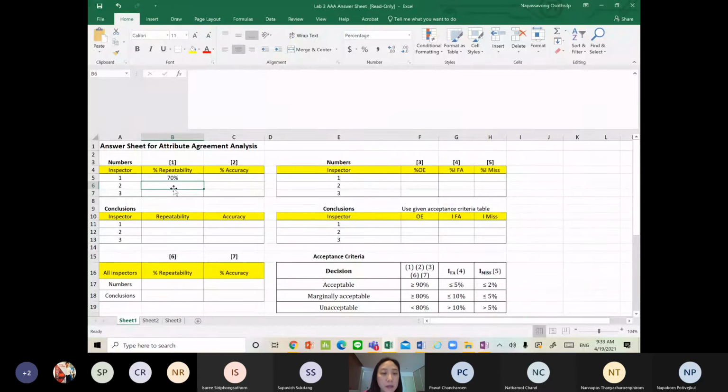If you take a look at the acceptance criteria table below, I wrote down that for indicator number 1, percent repeatability, if the percentage is at least 90%, the decision about repeatability is that the repeatability of inspector 1 is acceptable.